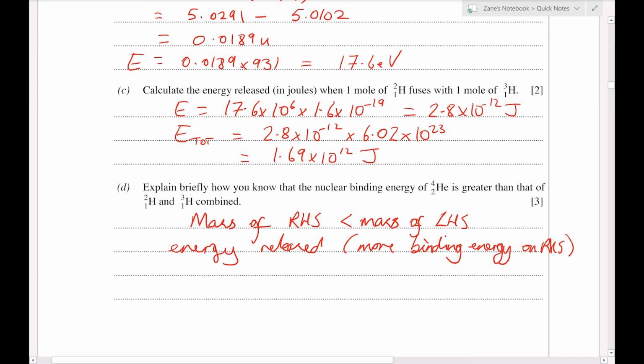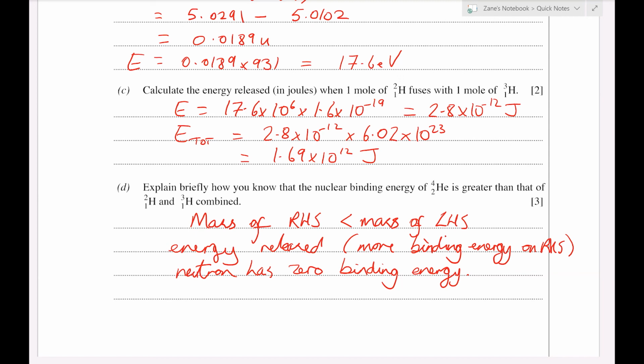Another important point here is that the neutron doesn't have any binding energy because it isn't bound to anything. So clearly all of the binding energy on the right belongs to the helium, and that's going to be more than what we had on the left hand side.